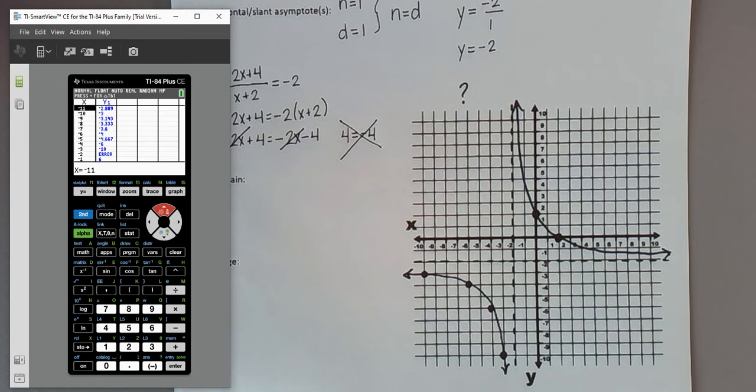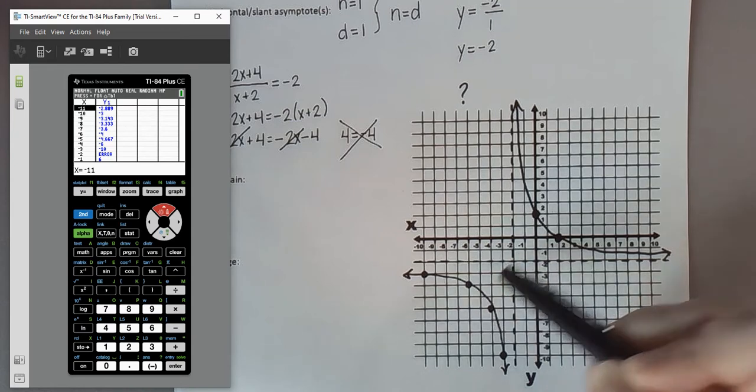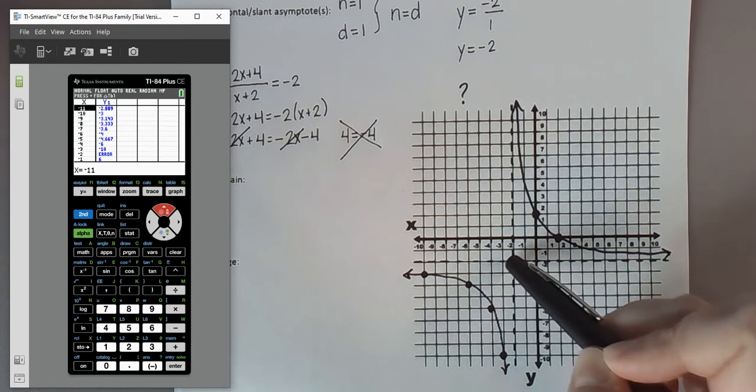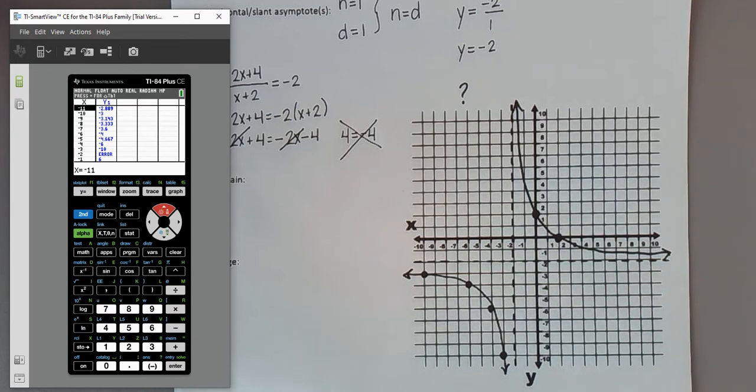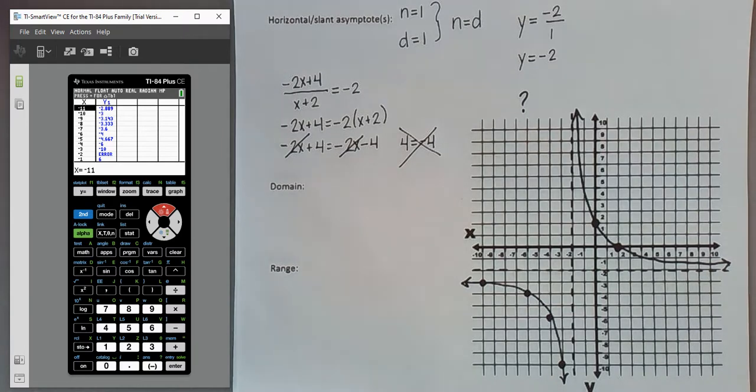Notice these two branches are mirror images. If we were to think of this as the center of our graph, these two branches are going to be mirror images across that particular center. And last but not least, now that we have a graph, let's identify the domain and range for this function. So what x values do we cover? Well, we cover everything from -infinity up to -2, and then everything from -2 to positive infinity.